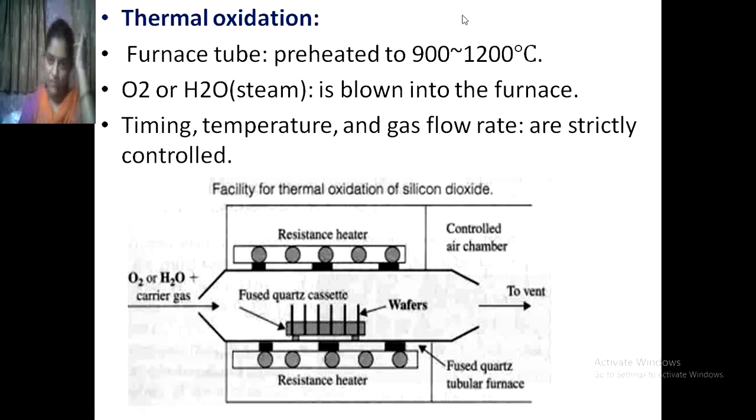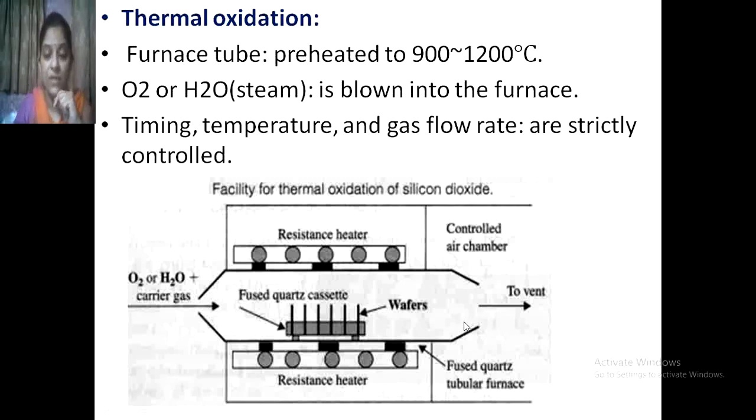So let us start today's session with thermal oxidation. Here one furnace tube is shown. In this figure, this is the furnace tube. It is preheated to 900 to 1200 degrees Celsius.